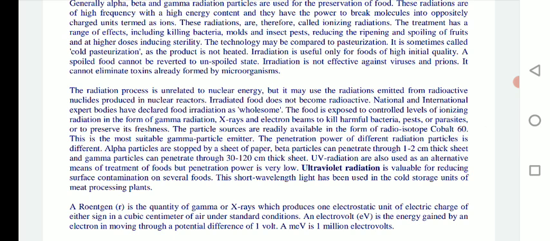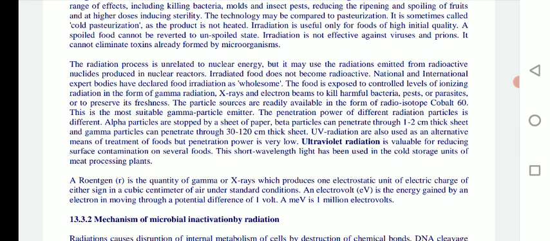The technology may be compared to pasteurization. It is sometimes also called cold pasteurization, as the product is not heated, and irradiation is useful only for foods of high quality. Spoiled food cannot be reverted to an unspoiled state.